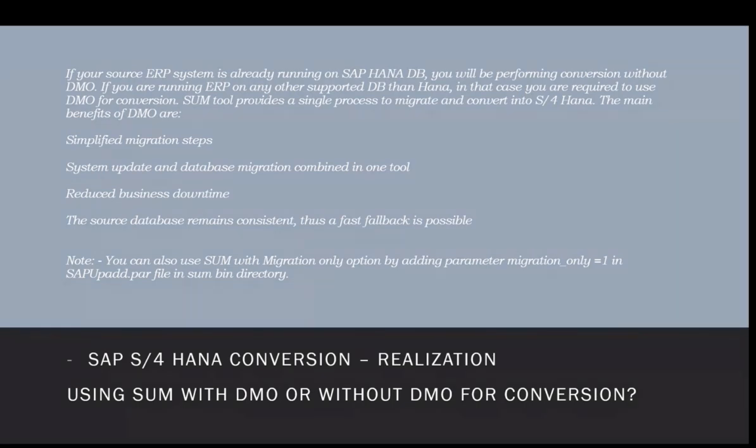So the time taken by the tool itself to do the upgrade was the technical downtime, because after that the system was up and running technically. But at that time, our functional and technical teams were doing the post steps, and the customer was not able to use the system in that situation as well. So that becomes the total downtime for the customer.